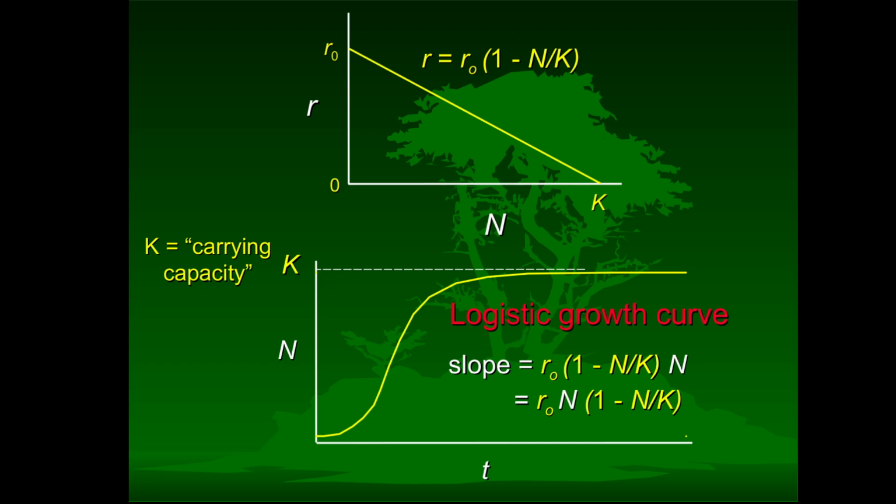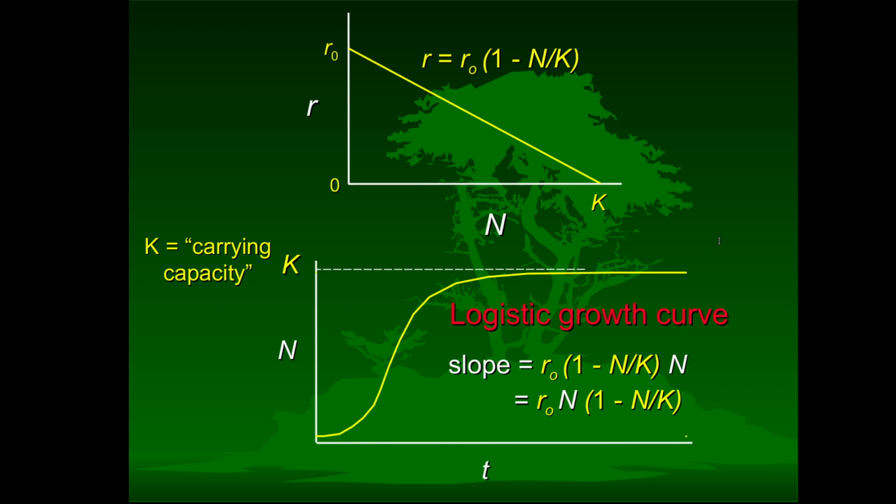All right, K is defined as the carrying capacity of the environment. It's the maximum size that the population is capable of maintaining. And that maximum size, K, is determined by the growth rate of the population. It's the size where the growth rate drops to 0, and the population can no longer increase.